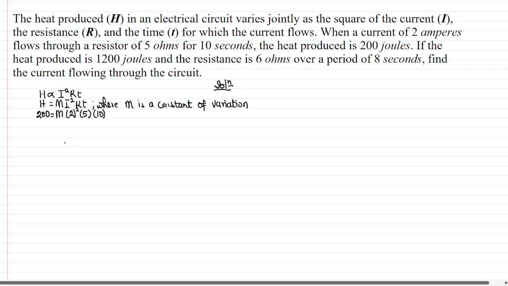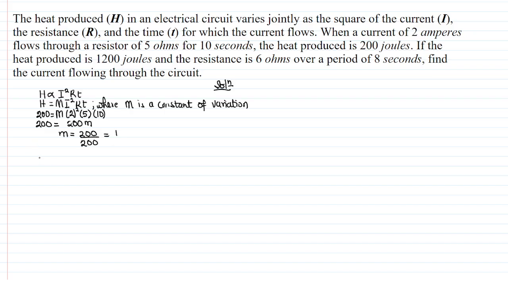This helps us to get the value for the constant of variation. So we have 200 equals 4 times 5 times 10, so 200 M. To find the value of M, we divide both sides by the coefficient of M, which is 200, and this gives us 1. So the value of our constant of variation is 1.